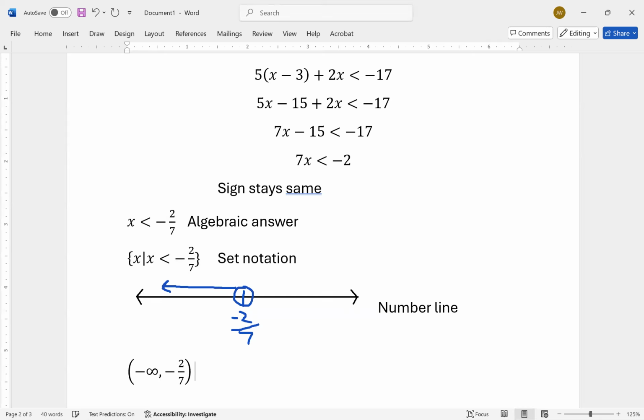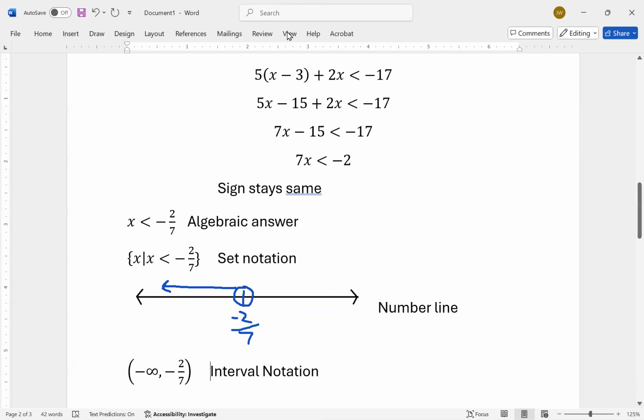So that's the interval notation for this problem. Negative infinity up to negative 2/7, parentheses on both of those values.